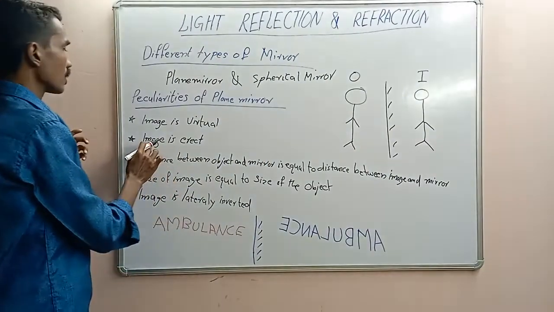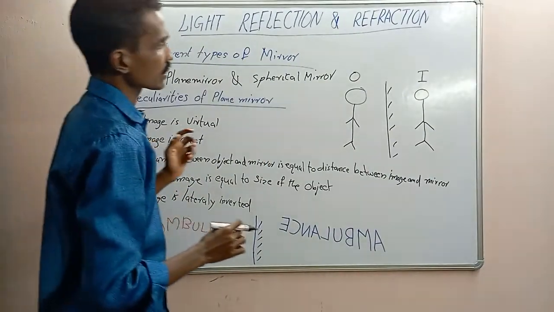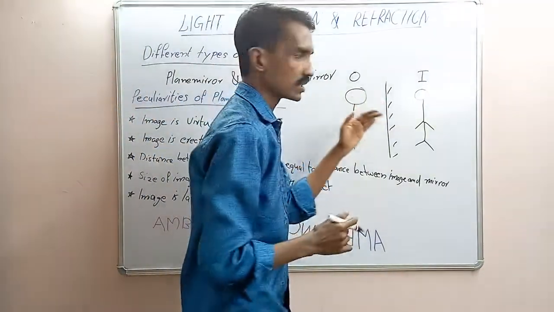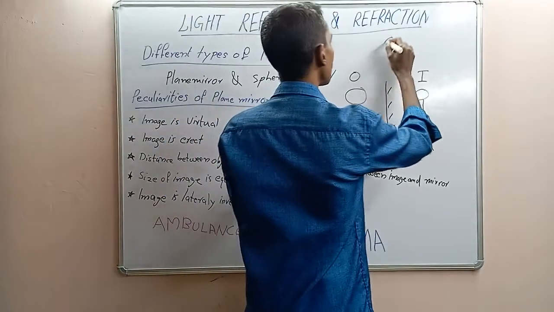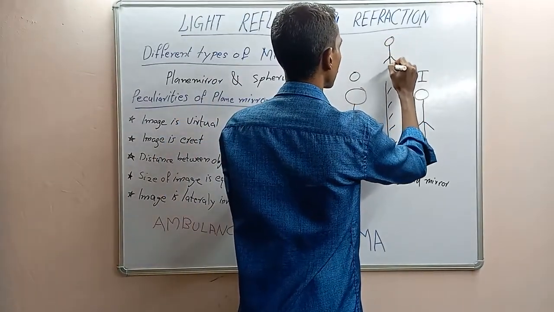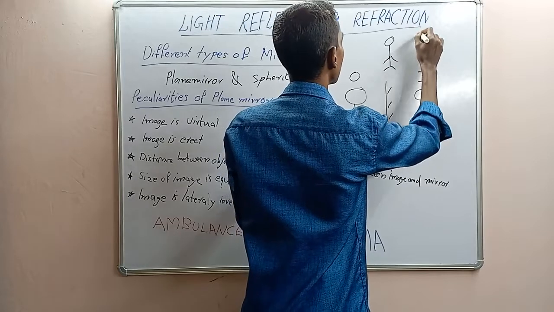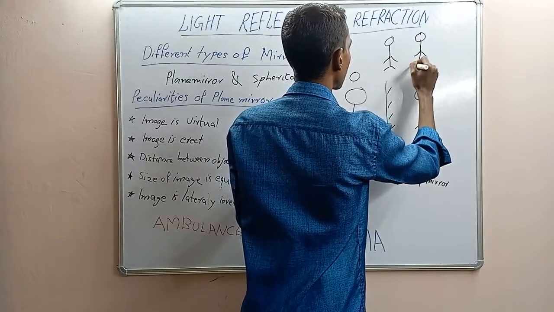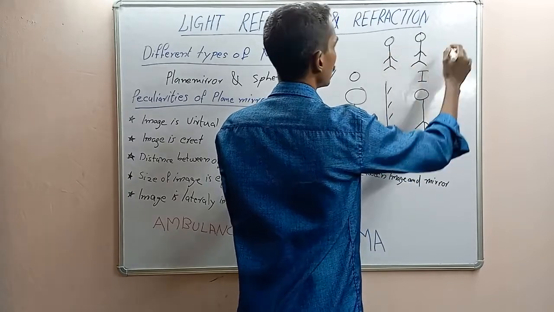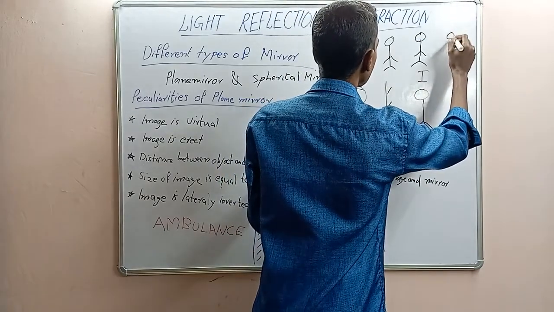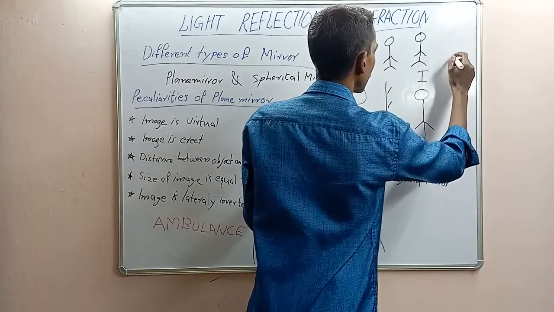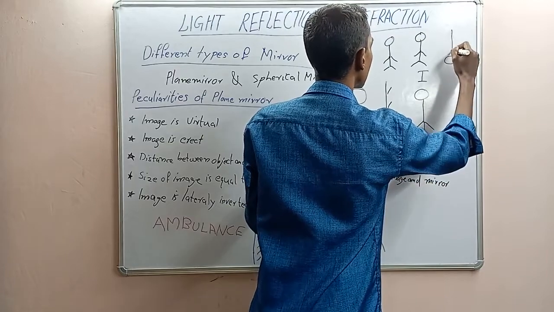Next is erect. What do you mean by erect and inverted? Erect means the object is like this and the image is the same way. Inverted means the head is here.